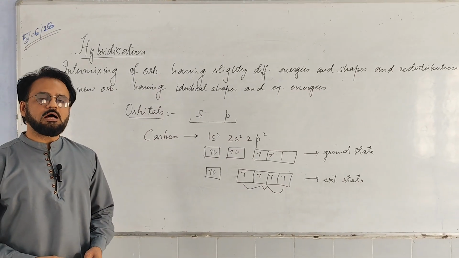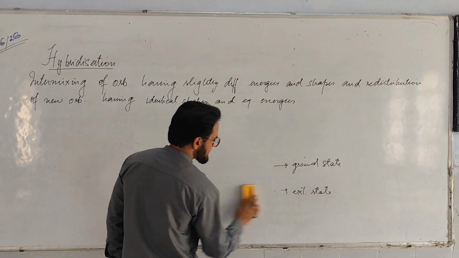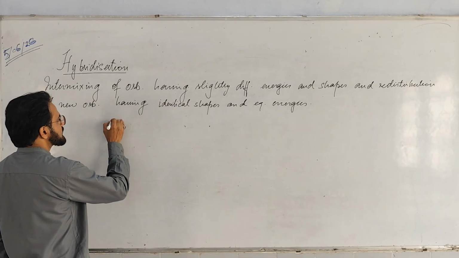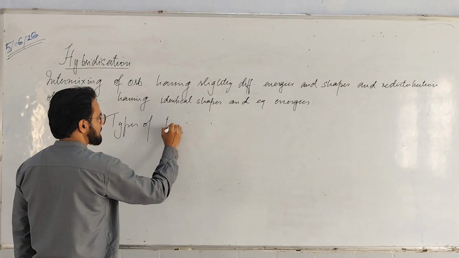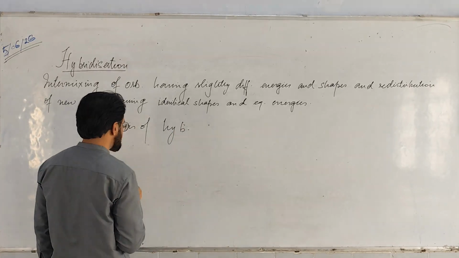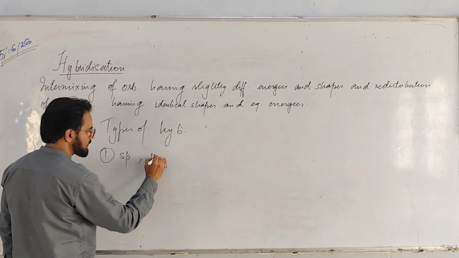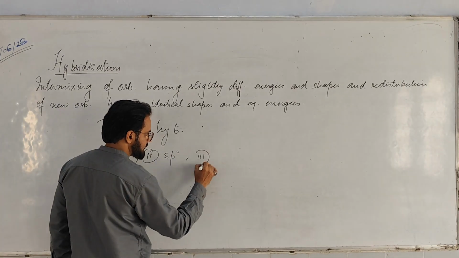sp hybridization is of three types: the first one is sp, sp2, sp3.